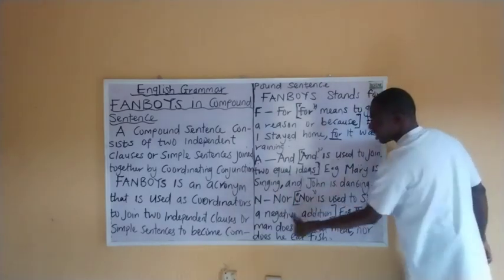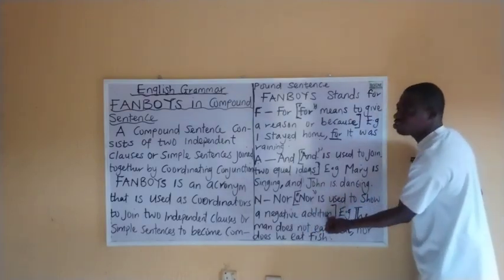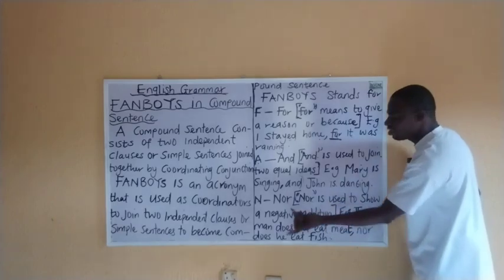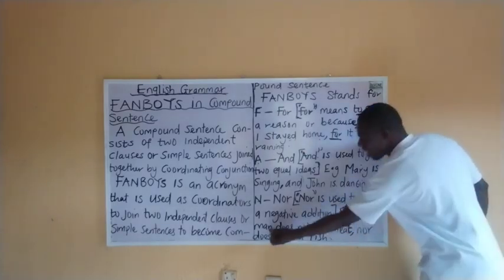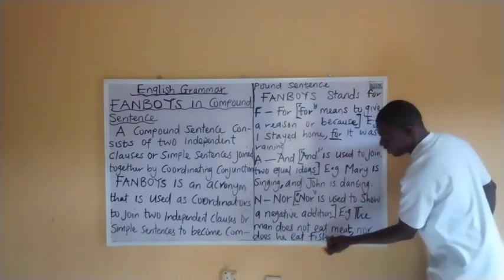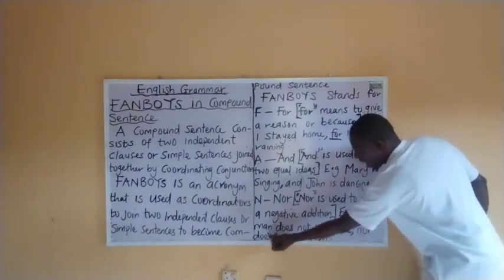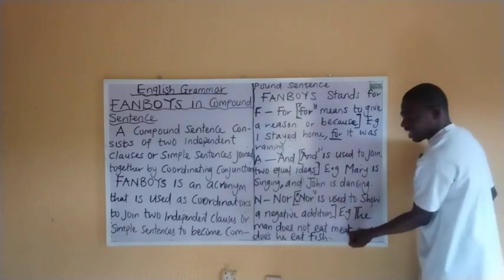Okay, N stands for "nor," and "nor" is used to show a negative addition. Example: The man does not eat meat, nor does he eat fish. Let's look at the first clause: the man does not eat meat. That's the first clause.